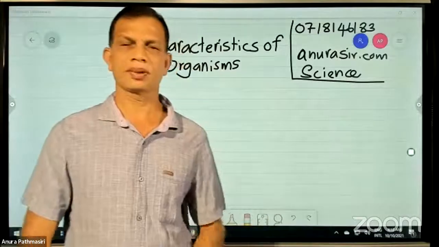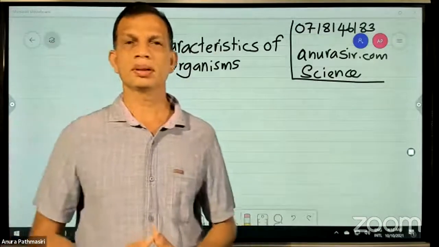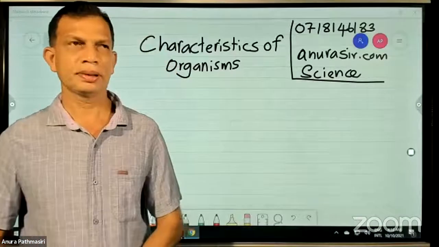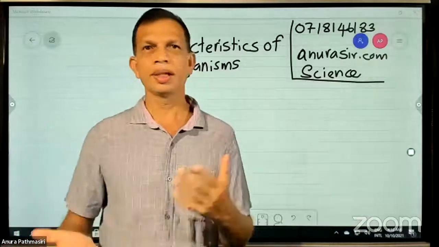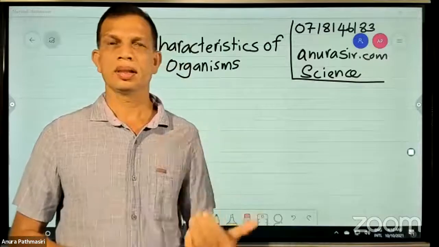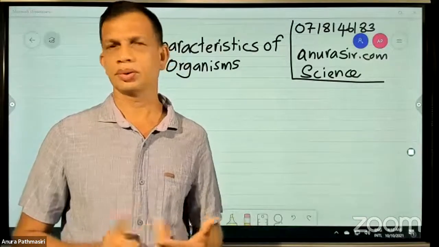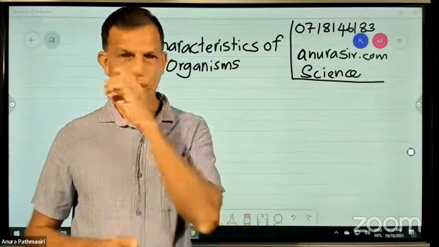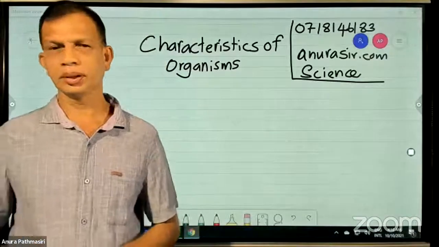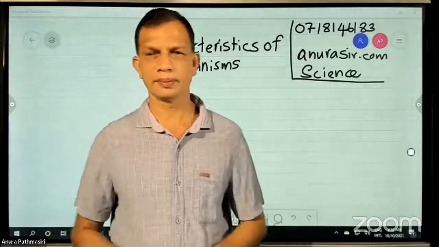Characteristics of organism. Last week we finished the discussion of the quantification of elements and the relationship between the moles and the molar mass and number of atoms, molecules, and so on. And today it is the eighth unit in your syllabus, characteristics of organism.